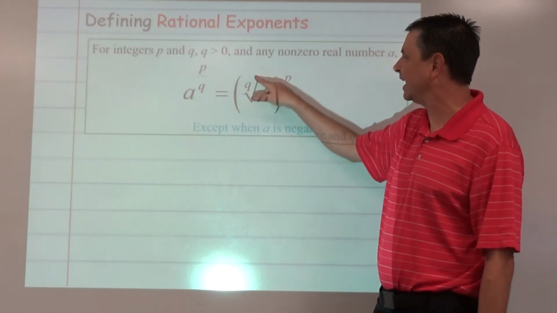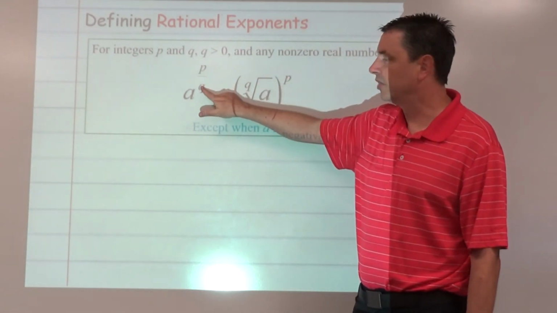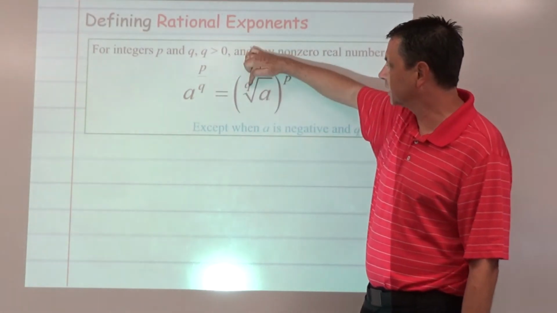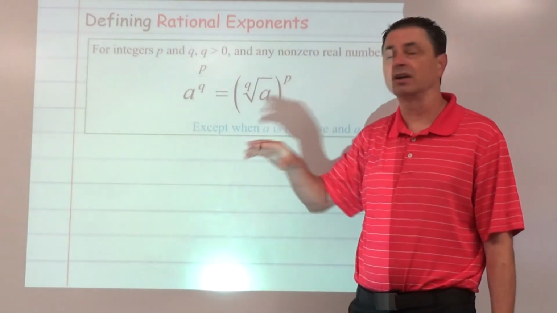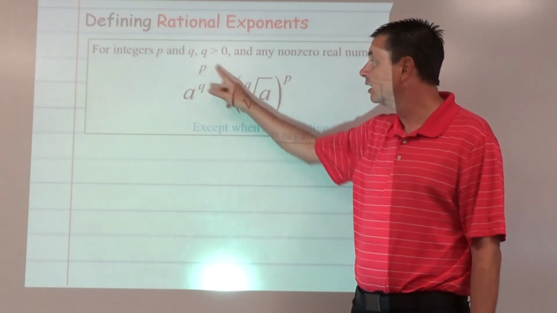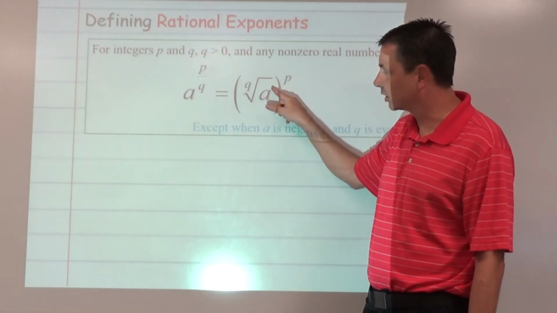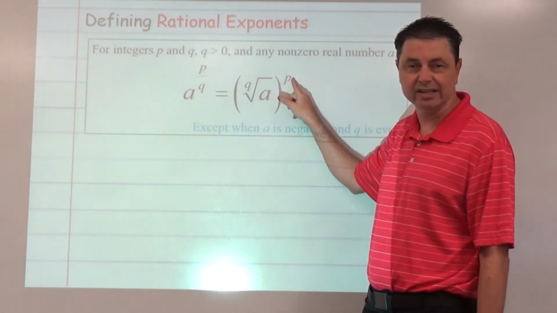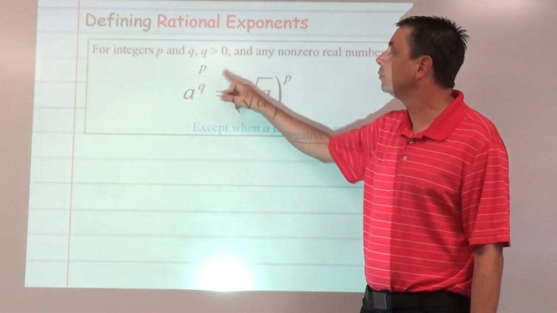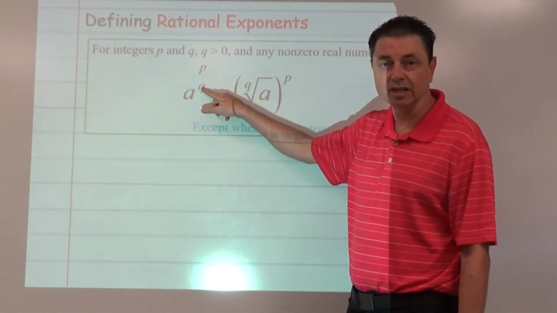It rewrites into radical form. Roots mean radicals. The denominator becomes the index. That's the one you got to focus on. The denominator becomes the index. The numerator is the power. The power could be inside here, outside, it doesn't really matter. But more importantly, the index is the denominator.